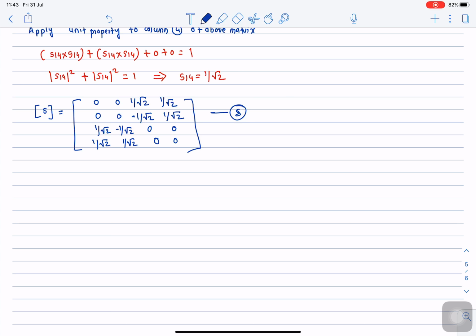So the next 4-port device that we are going to see in a brief time is again a 4-port device, and we call it a hybrid ring. Please remember, this hybrid ring is similar or analogous to magic T. So this hybrid ring is also known by another name, a rat race junction.